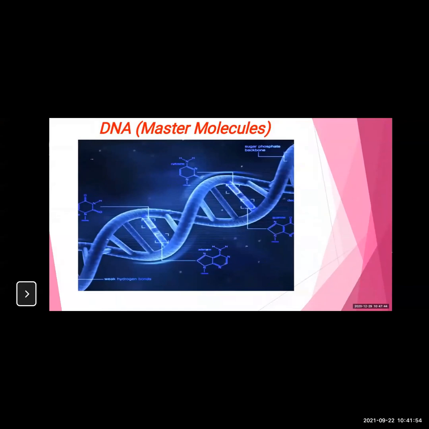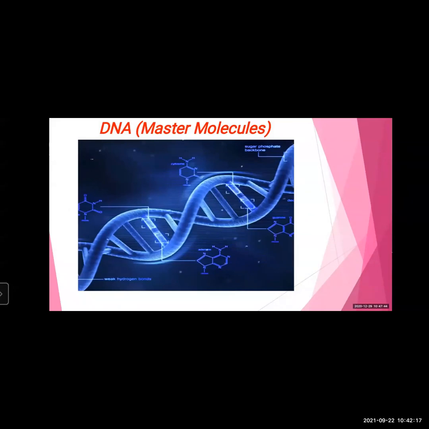So this is the structure of the DNA. All of you can see on the screen. This is how the DNA looks. What is actually DNA? DNA is deoxyribonucleic acid, right? It is also called the master molecule. This is the molecule which is present inside the nucleus of our cell.